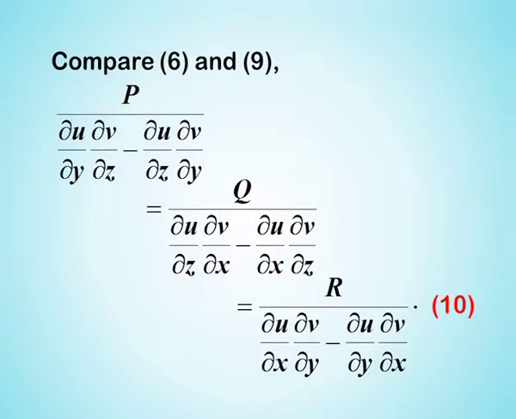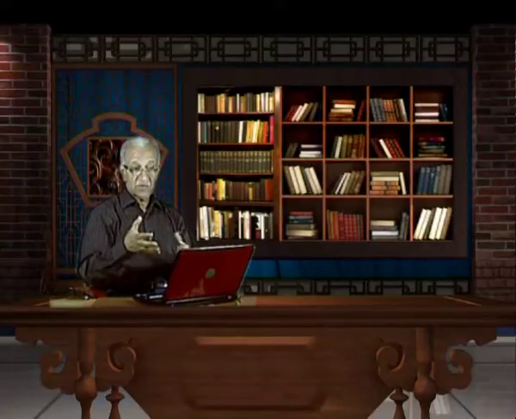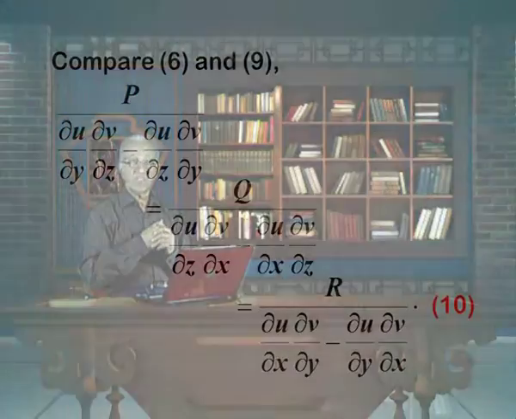After having obtained this equation 9, we compare 6 and 9, 6 that we have written, that is dx upon p, dy upon q equal to dz upon r. We are comparing these two, the previous equation number 9 and now what we have, the equation 6.